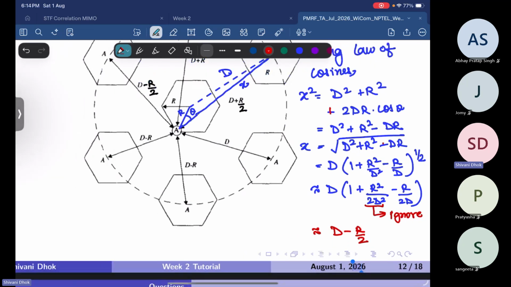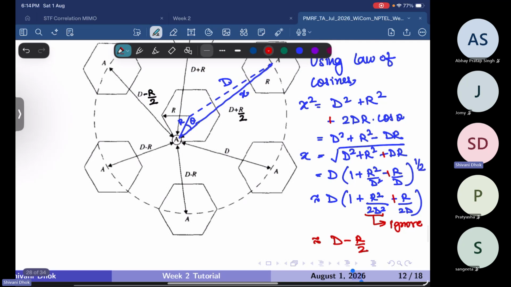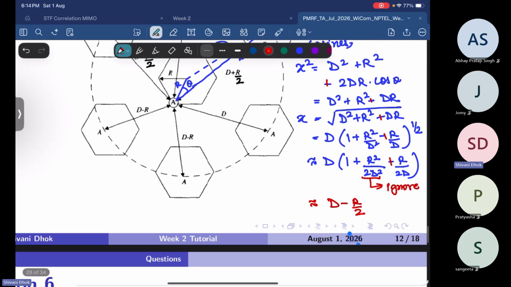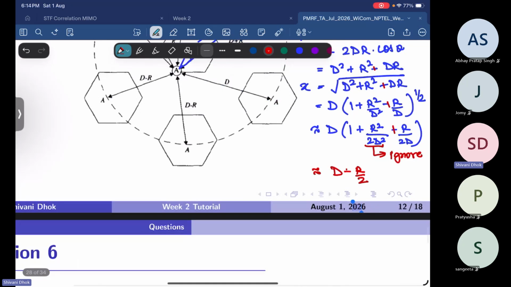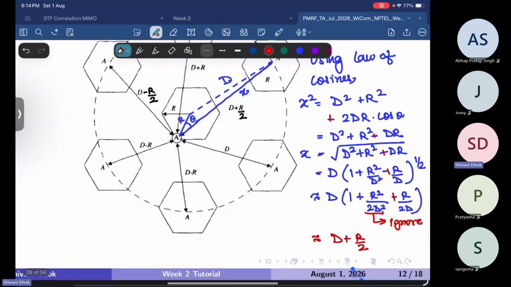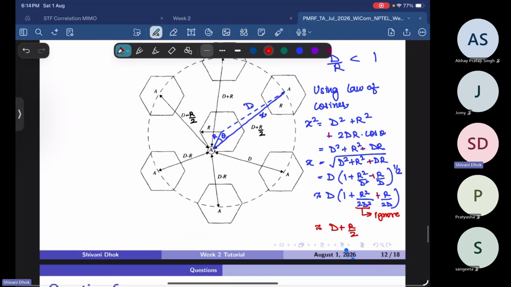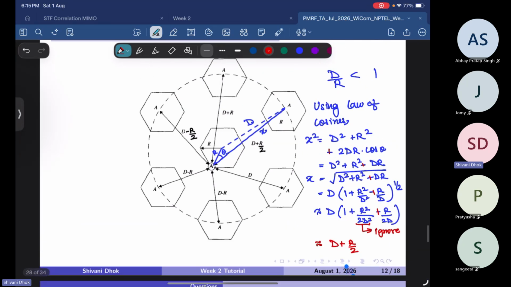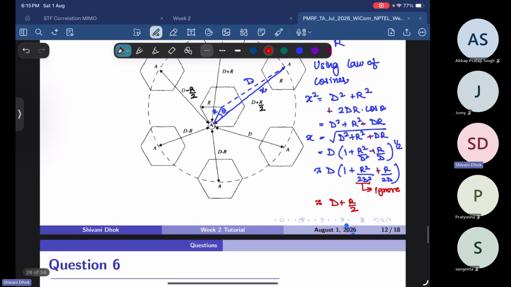Sorry, there should be a plus sign somewhere. Yeah, some mistake I did. Okay. So something like this you will land up with here. Make use of such techniques to get to those distances.